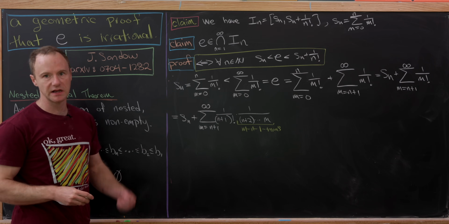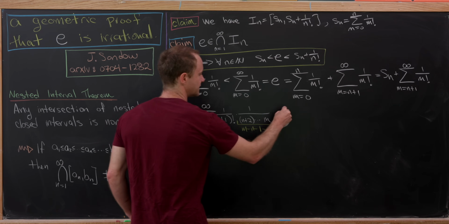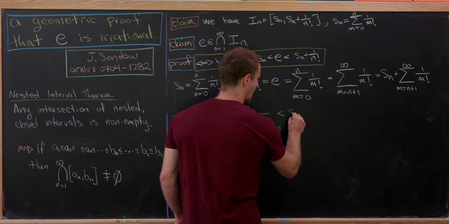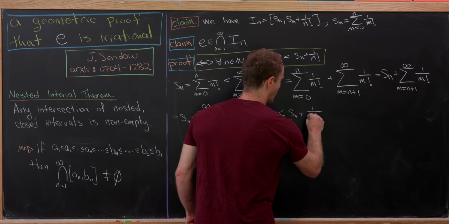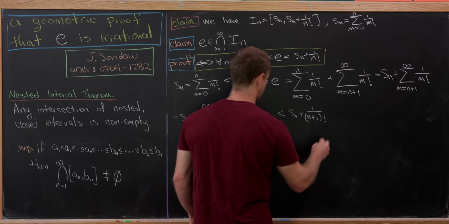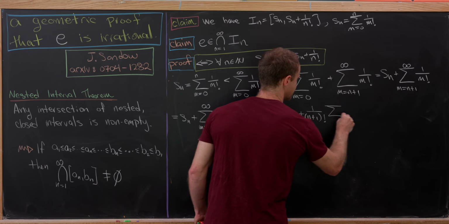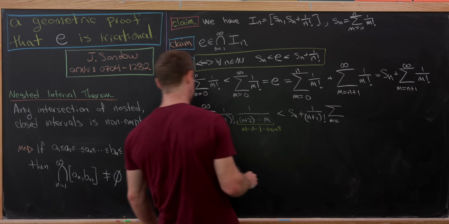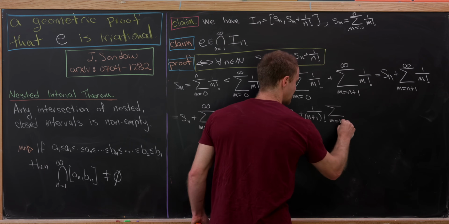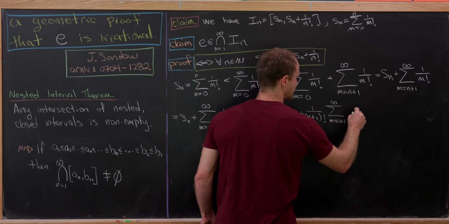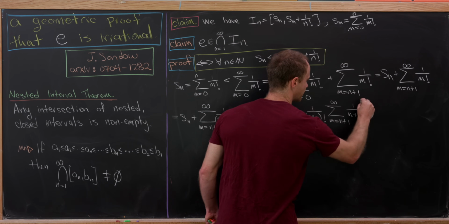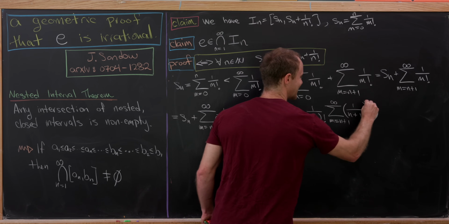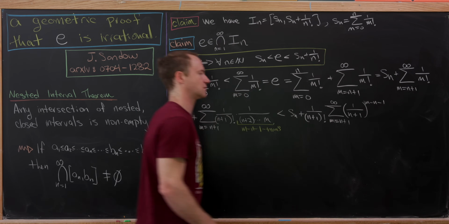Now we're going to start inequality arguments. So this is strictly less than s sub n plus 1 over n plus 1 factorial times the sum as m goes from n plus 1 up to infinity of 1 over n plus 1 raised to the m minus n minus 1.